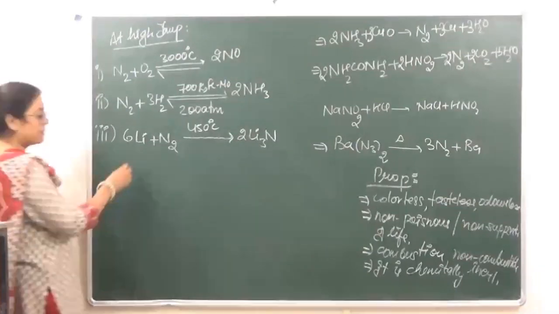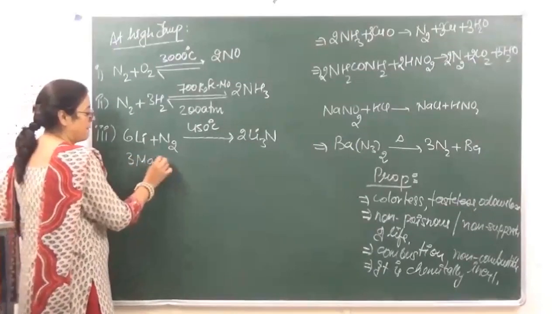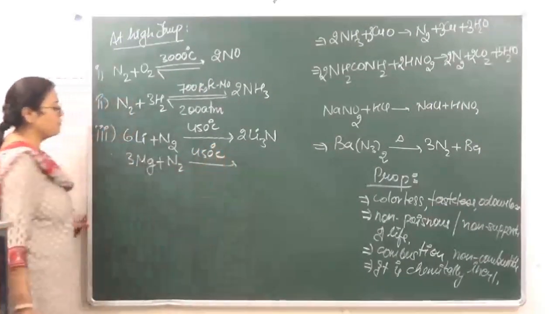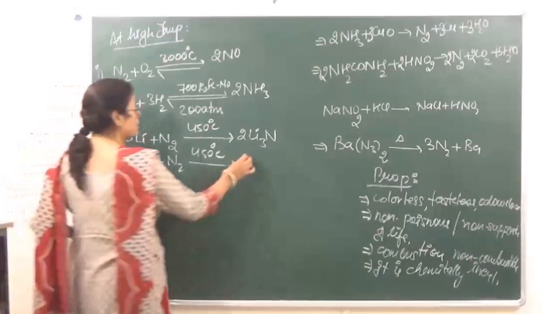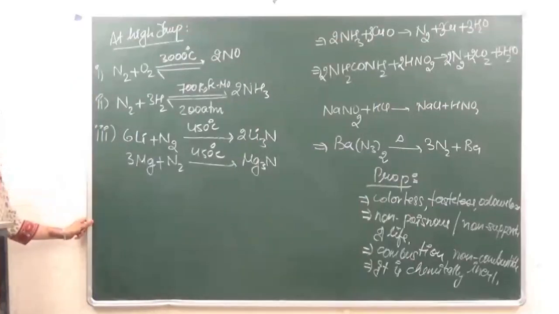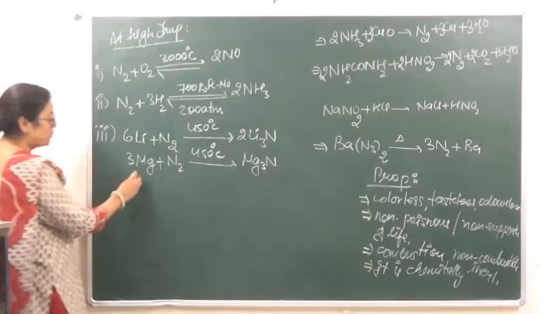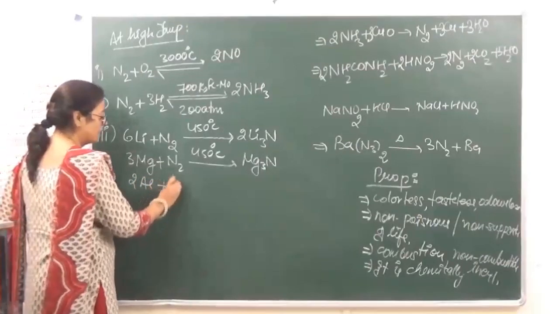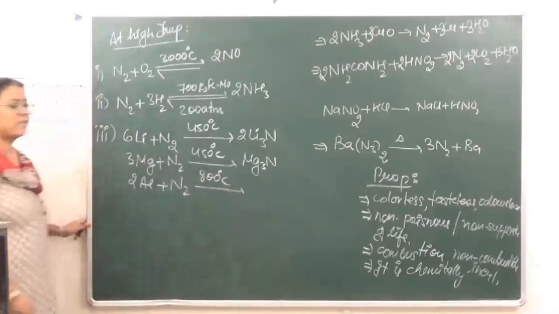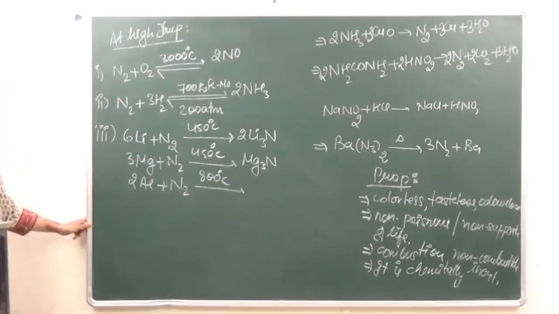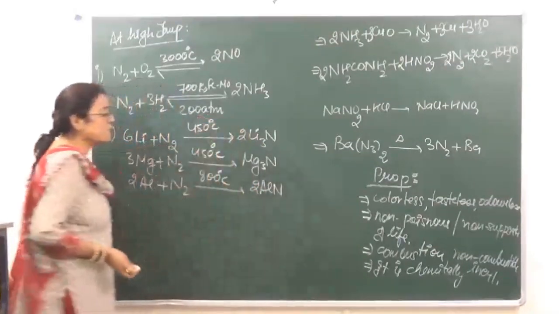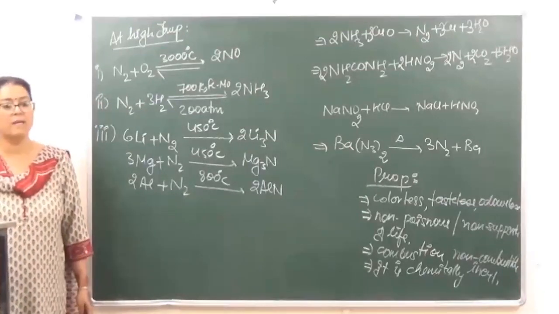Similarly, if we are reacting it with magnesium at the same temperature, 450 degrees centigrade, it is going to give us Mg3N2, magnesium nitride. ठीक है? एल्यूमिनियम के साथ भी इसी तरह से रिएक्शन होती है, but the reaction takes place at a very high temperature of 800 degrees Celsius and we get aluminium nitride. So these are the reactions with metals giving their respective nitrides.